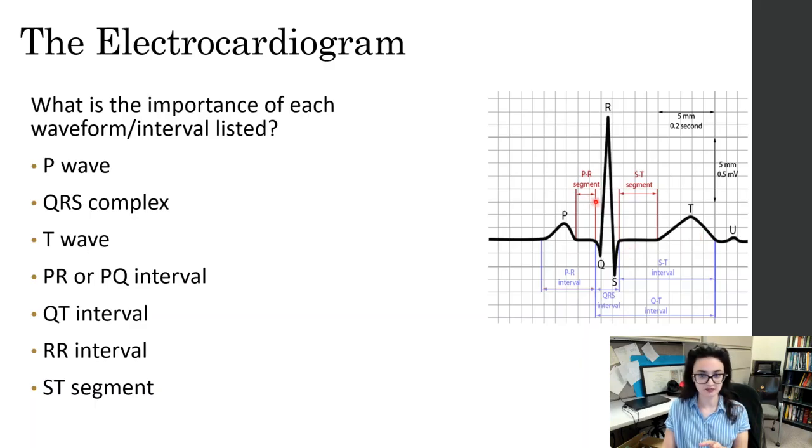So the PR segment or interval here is essentially everything that's happening above the ventricles, which means it's focused on what's happening in the atria.